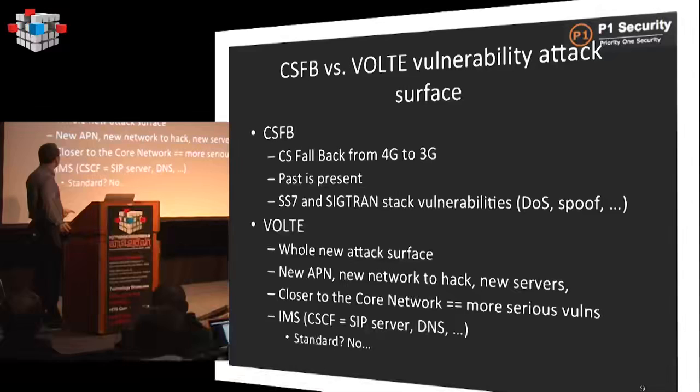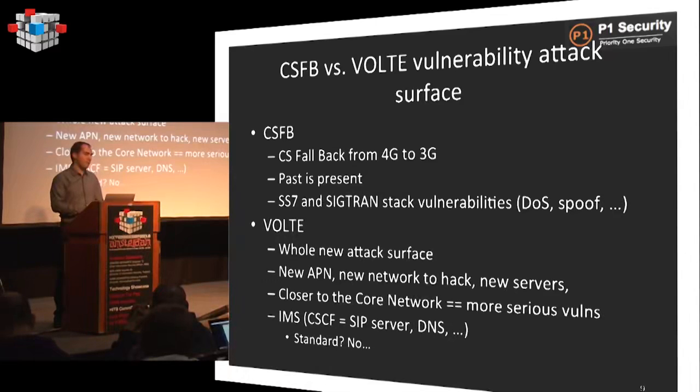LTE's core network is sometimes called EPC, Evolved Packet Core, or SAE, System Architecture Evolution, etc. Some operators are advanced and say, we don't want CS fallback, and they go for what is called voice over LTE, which is actually just voice over IP with a specific APN to connect to this quality of service guaranteed network. So you have some new servers, which is a new attack surface, and since it's new, its maturity is not yet proven.